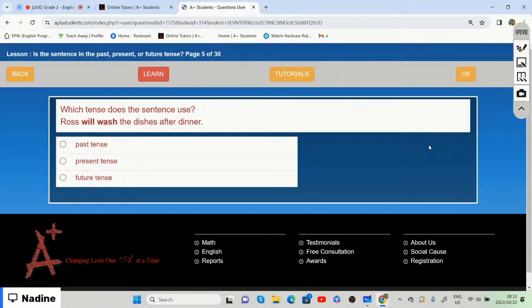All right, so if we say Ross will wash the dishes after dinner, will wash is the future tense.